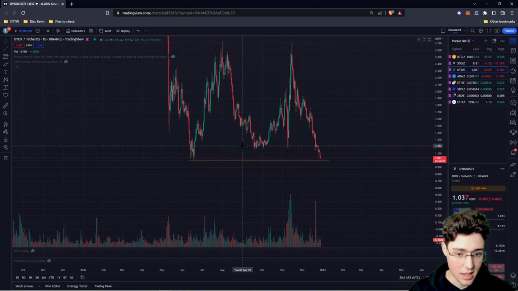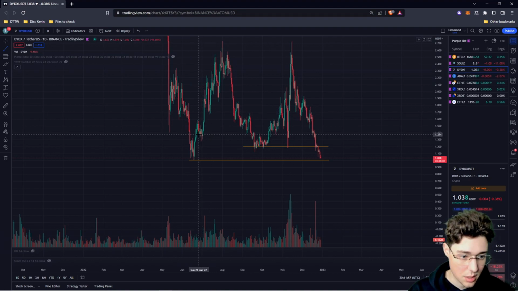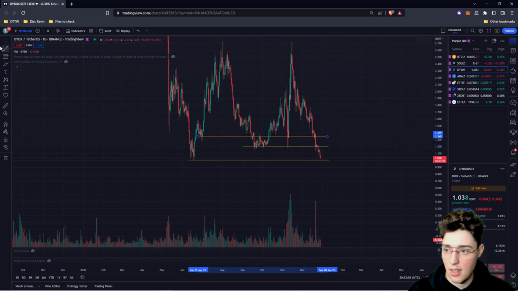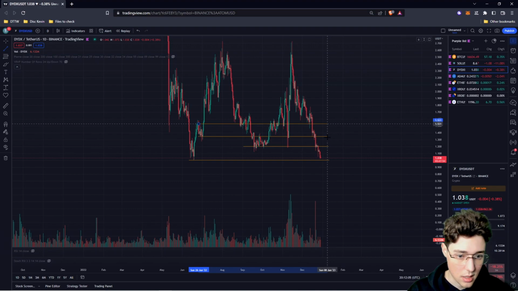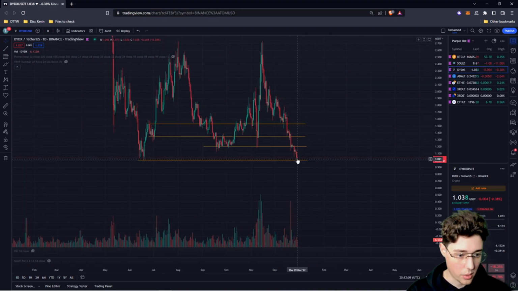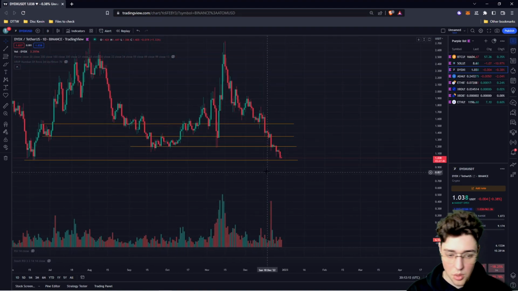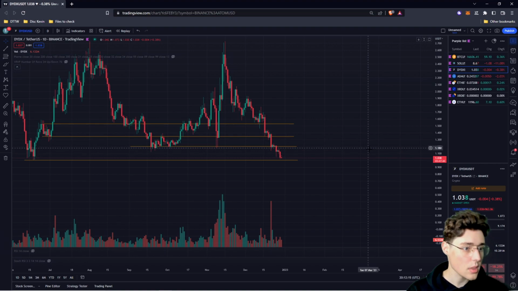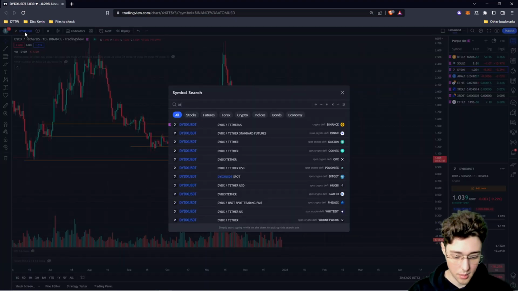Here we have the next major resistance, followed by, well, let's say here the 135, and then here approximately the 150. That's kind of the layers in DYDX. We may get another scale in a bit, but for now it's not looking too hot for DYDX. So a bit of a revitalization in the market would be appreciated.